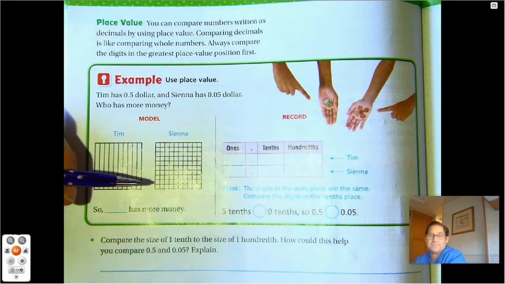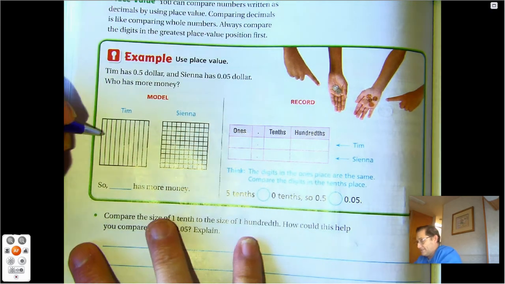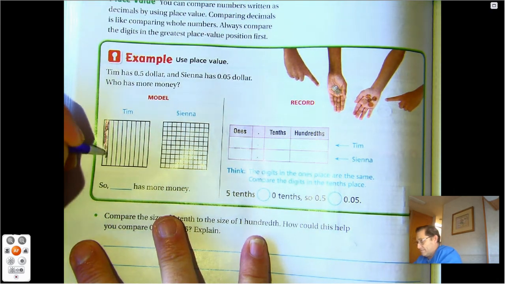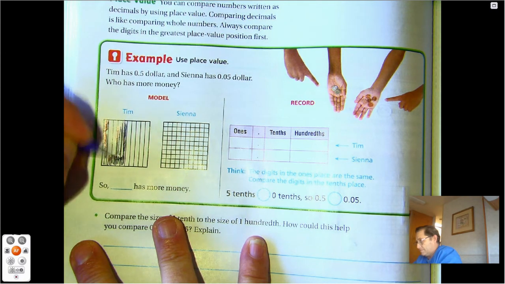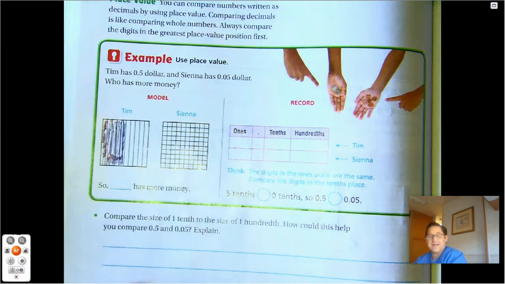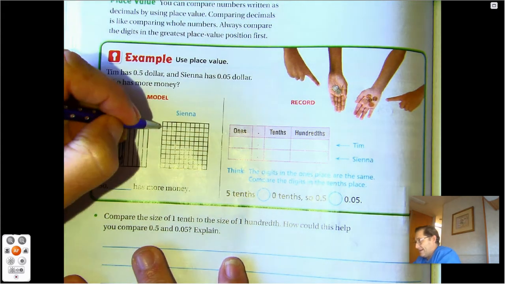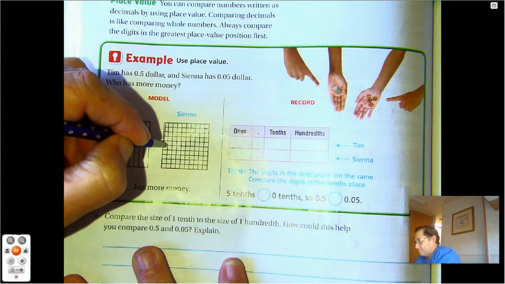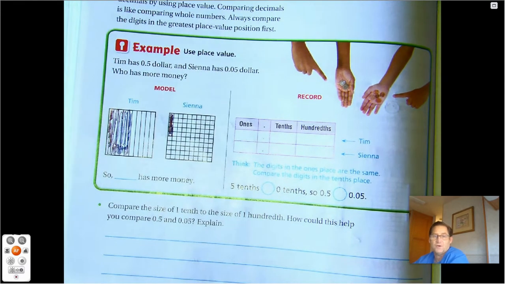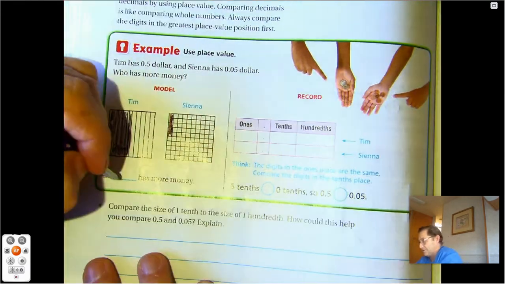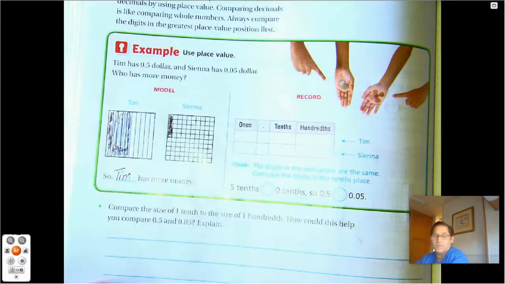Who has more money? Well, Tim has 5/10. Sienna has 5/100. Well, looking at this model, clearly Tim has more money.